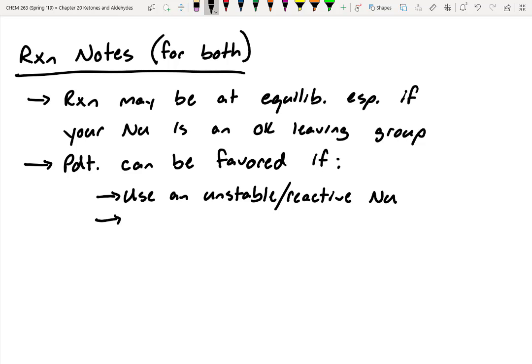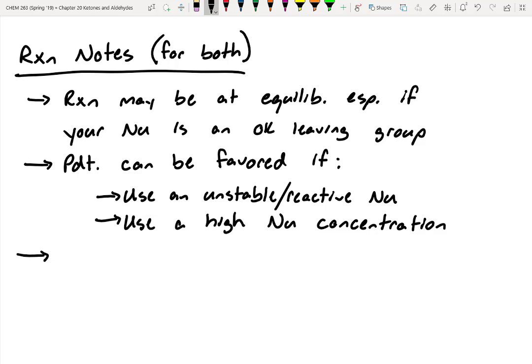All right, second thing you can do is just flood the reaction with your nucleophile, basically have such a high concentration of nucleophile that it really has no choice. So sometimes we can avoid having a relatively stable nucleophile, but if we flood the reaction with the nucleophile, we can still kind of prod it along and get it to favor some of our product. All right.